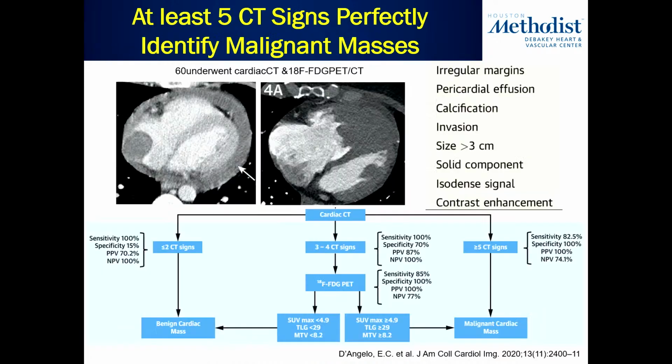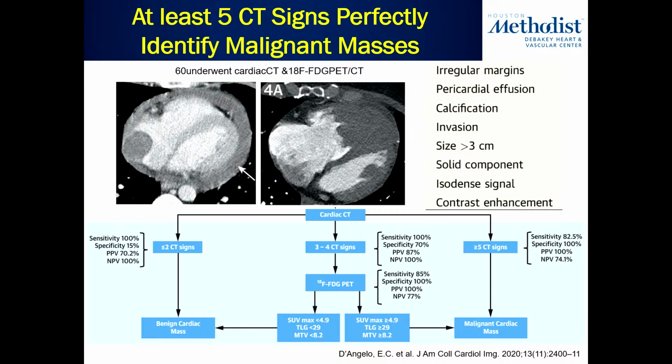Studies were just recently published on how you figure out, if you do see a mass by CT, short of a biopsy, whether this is a malignant mass or not.